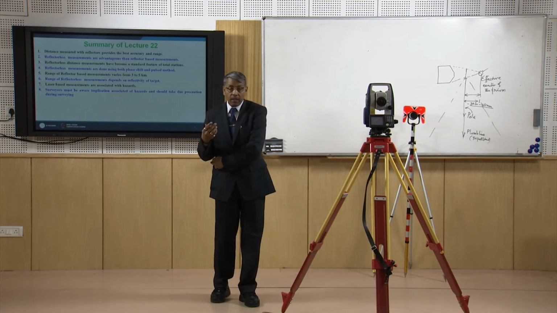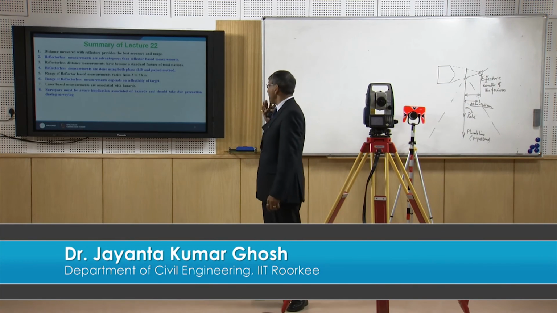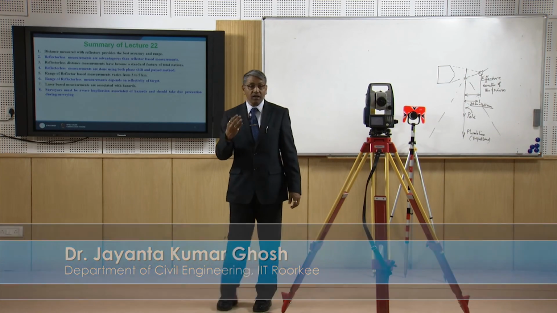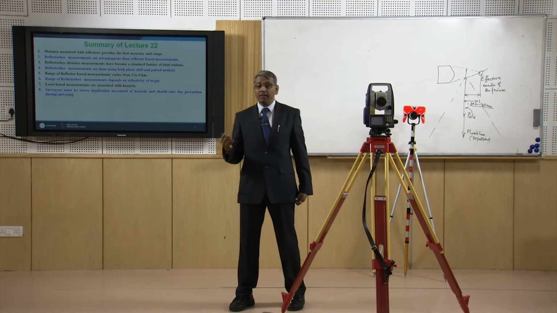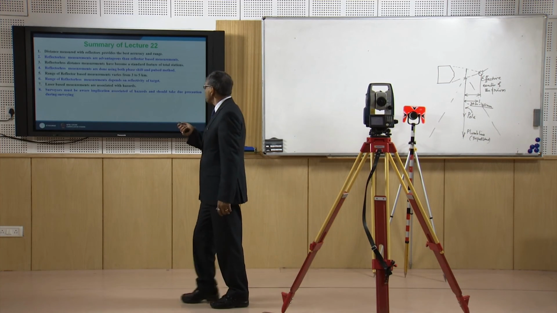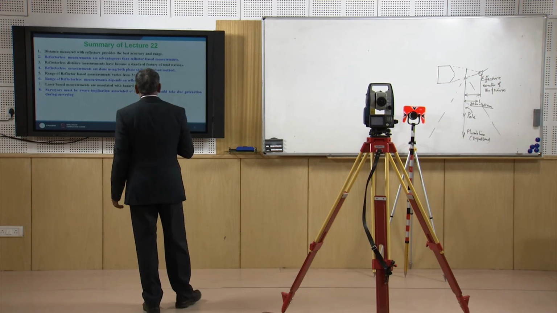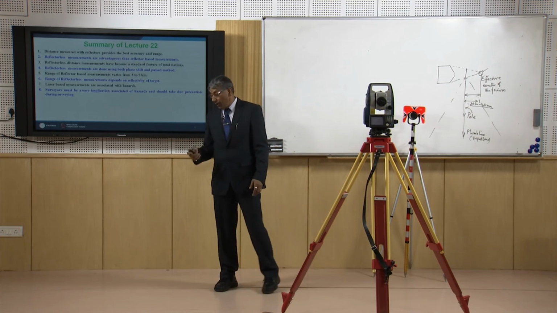In case we use without reflector, we will prefer to use a red laser beam which will fall on the object, and that will give very precise measurement. Distance measured with reflector actually provides better accuracy and more range. The range of measurement will be more.